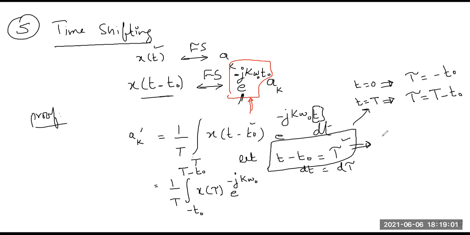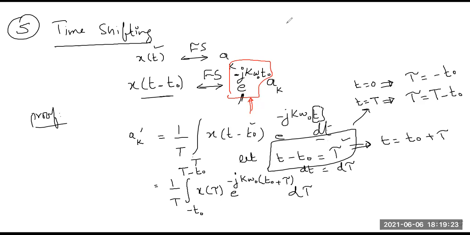What is the expression for t? t is equal to tau plus t naught. So t is replaced by tau plus t naught, and dt is replaced by d tau.